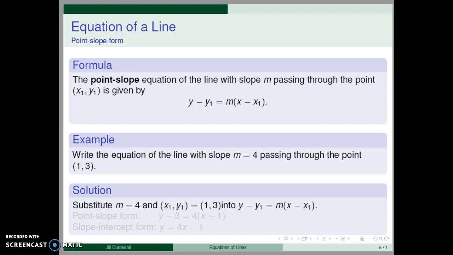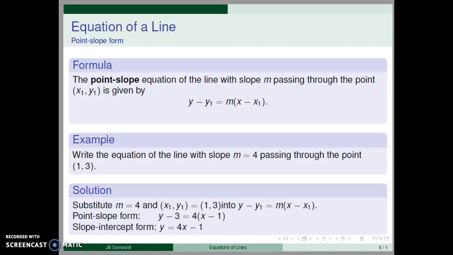Note that writing down the equation to be used makes the solution easier to follow and, more importantly, helps to cement the equation in our minds. In point-slope form, our equation is y minus 3 equals 4 times the quantity x minus 1.